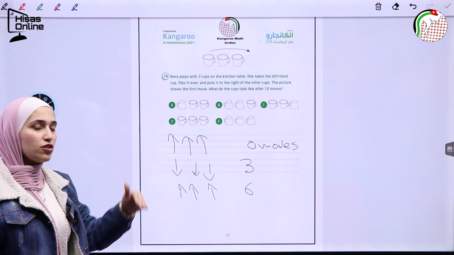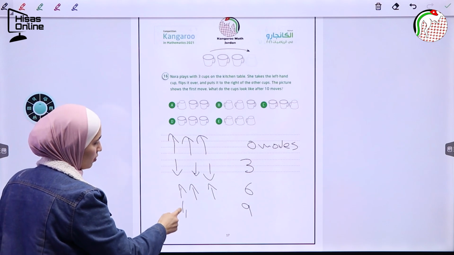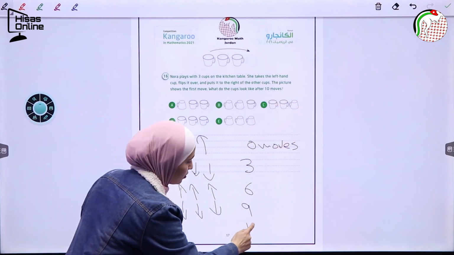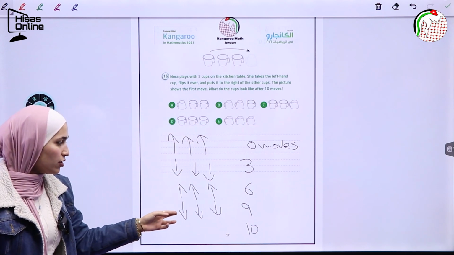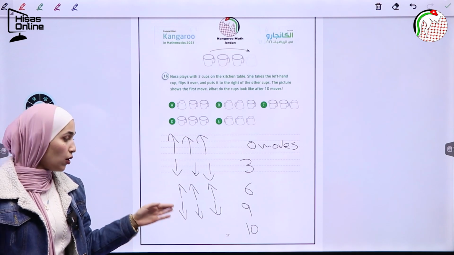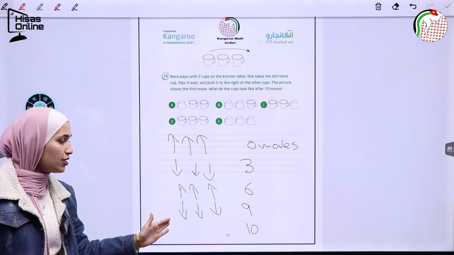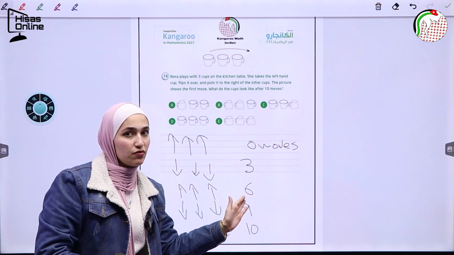Okay? After 9 moves, all the cups will be flipped over. Now, after 10 moves, that means 1 more move, she will flip or return back the first one from the left side and put it on the right side to be the first one from the right side.